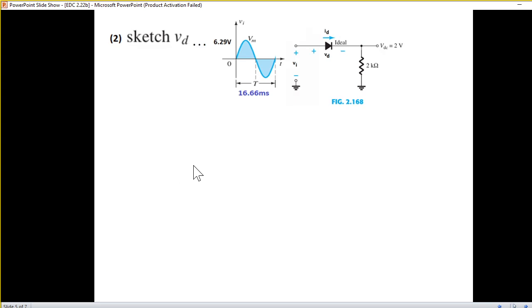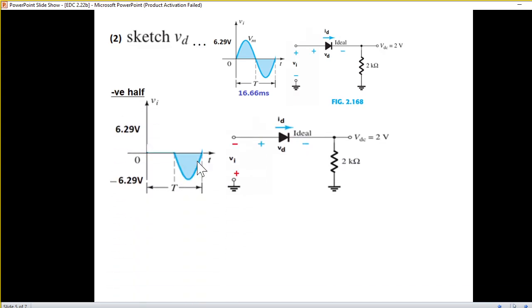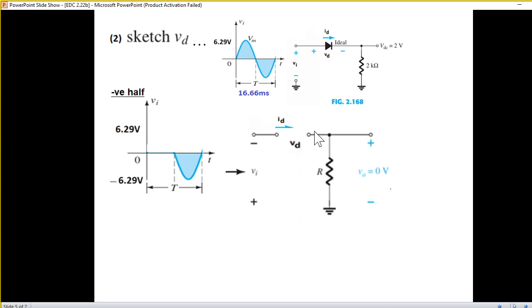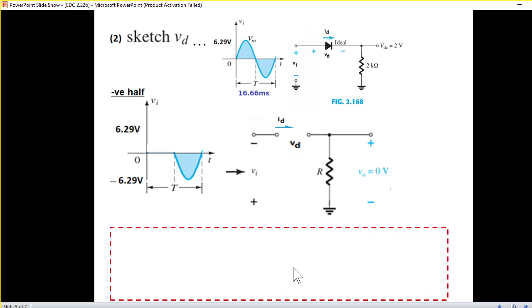Now let's go to the negative half cycle. For the negative half cycle, negative at the top, positive at the bottom, this makes the diode reverse biased. So it will behave like an open circuit. And now what will be the voltage? This voltage is not causing any current to flow, which means the output voltage will be 0. That means the input voltage will appear across this gap. A simple circuit can explain it further.